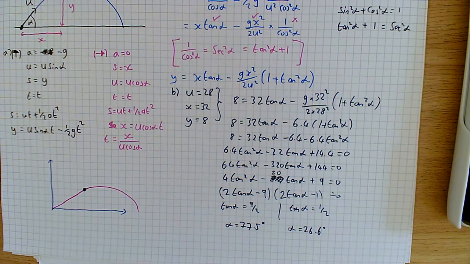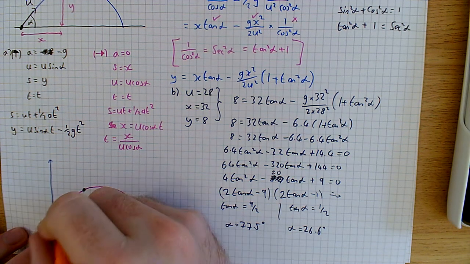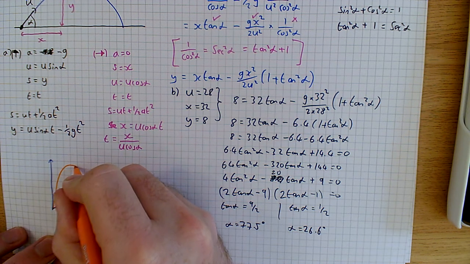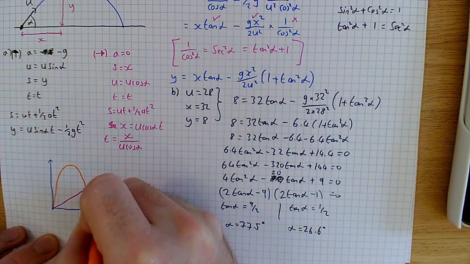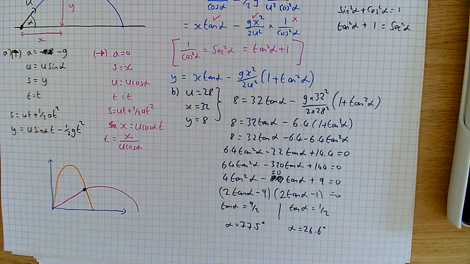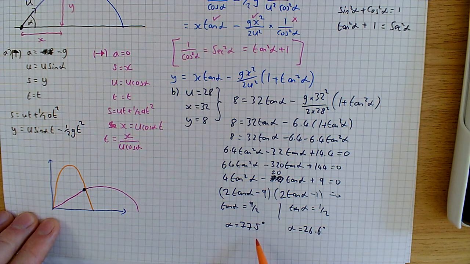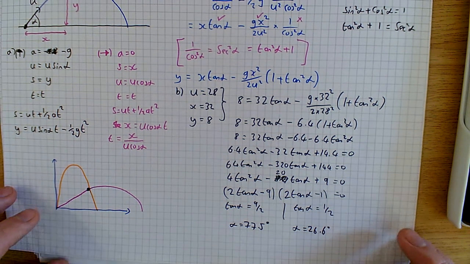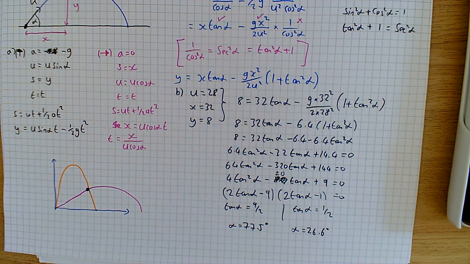And the other one is where you're hitting it as you come back down to Earth. So firstly we go up, then we peak, and then we come back down, and there we go through it just the same. So one of them, the orange one, would be the 77.5, and the pink one would be the 26.6. So there's two solutions for getting through that point with that speed of projection.